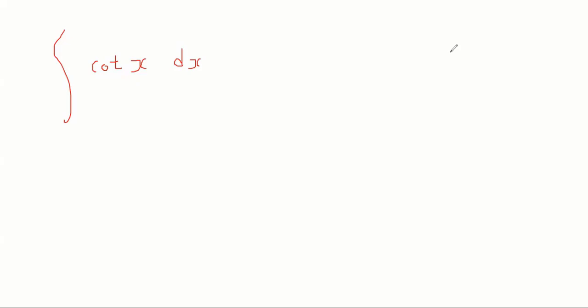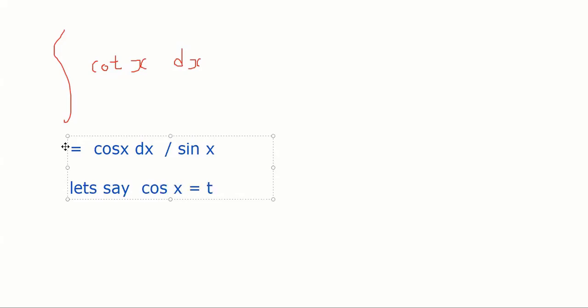The integration of cot x becomes cos x by sin x, and dx is there anyway, right? Let's say cos x equal to t, then minus sin x dx equal to dt. Substitute.